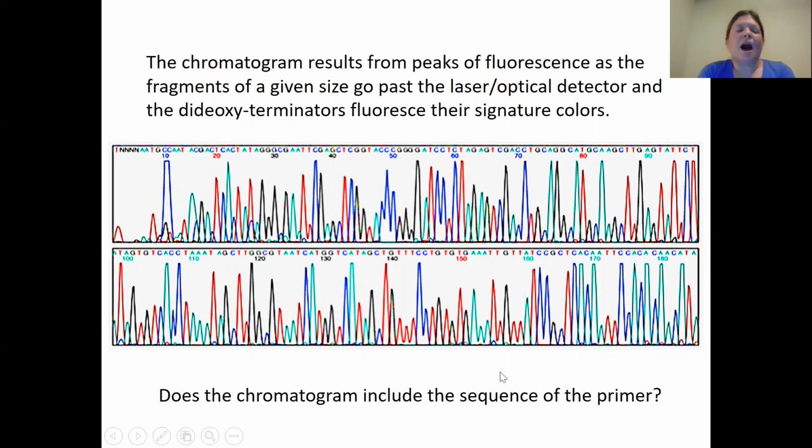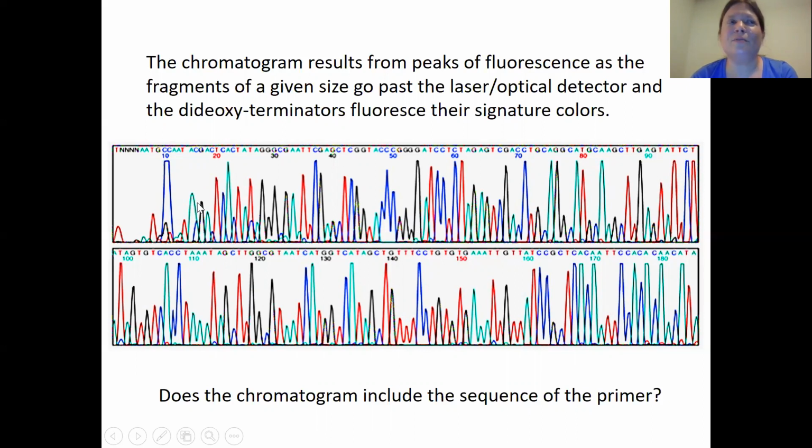So a common question is whether your chromatogram includes the sequence of the primer. Something to think about there is, recall that you don't start having the ability for something to glow a color until you've added a dideoxy nucleotide, or until you've had the chance to add a dideoxy nucleotide.